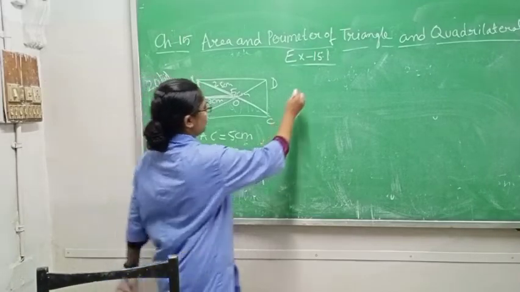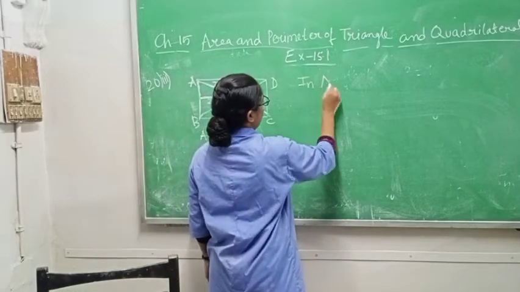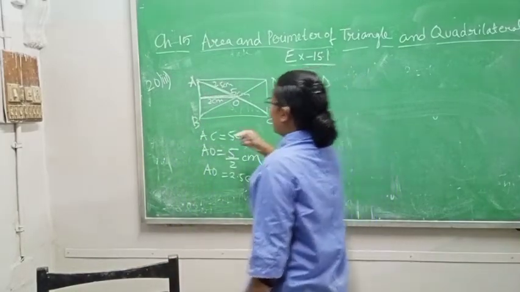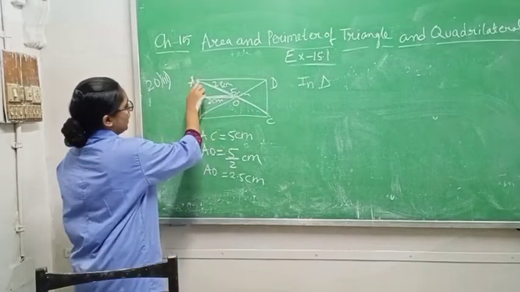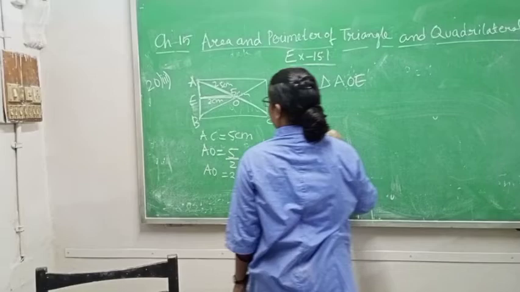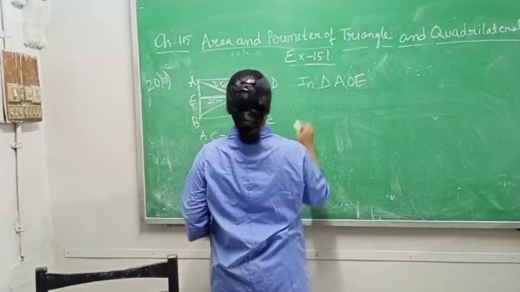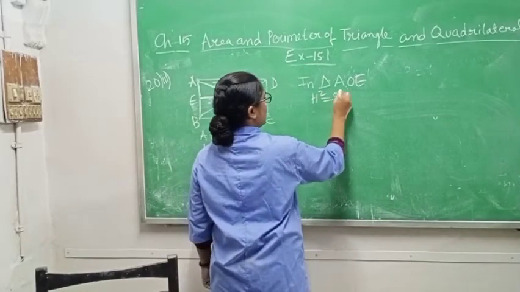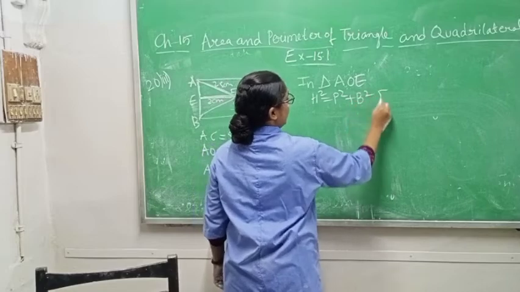So what I will do in triangle AOE, by Pythagoras theorem, H square equals P square plus B square.